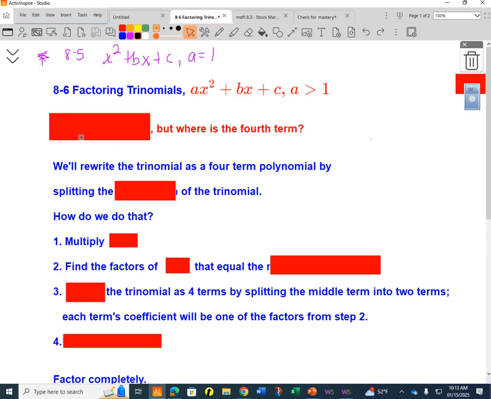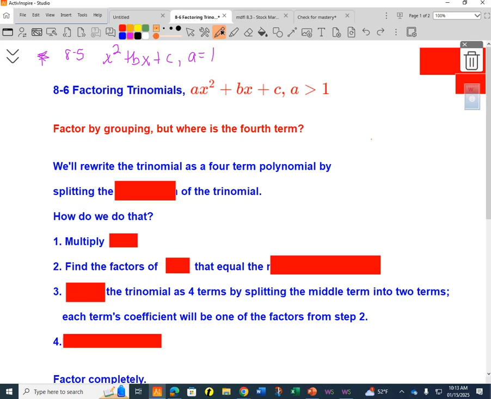So the next blank is going to say we're going to factor by grouping. But we learned how to factor by grouping the first week back from the break. And to factor by grouping, we need 4 terms. But these only have 3. So the 4th term, we are going to create the 4th term.